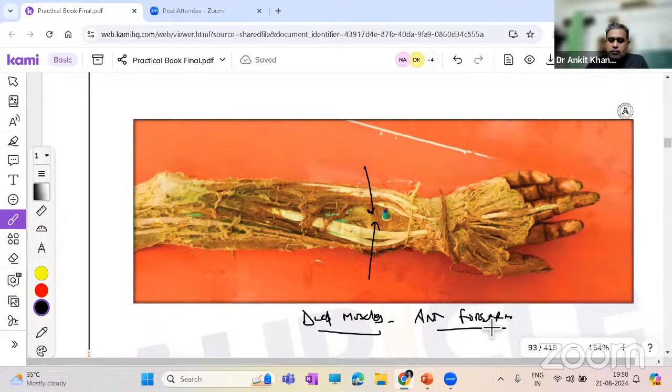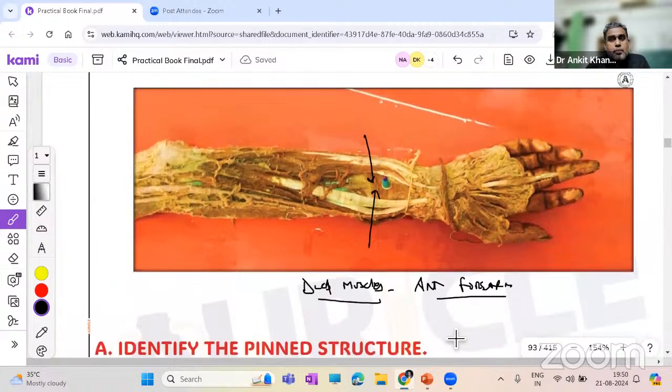See, there is a saying which goes like, eyes only see what the mind knows. So it is one of the deep muscles. How many deep muscles are there? Flexor digitorum profundus, flexor pollicis longus, and pronator quadratus.